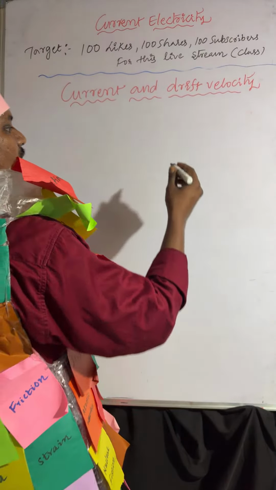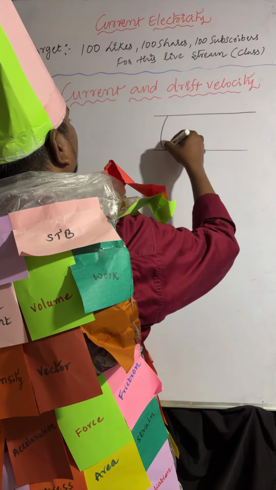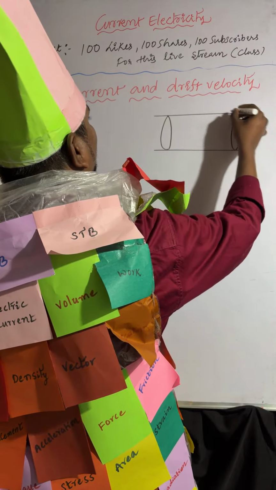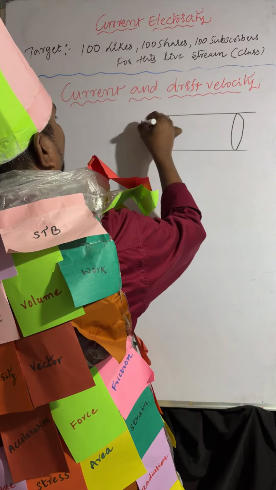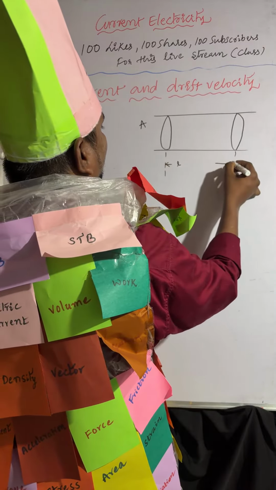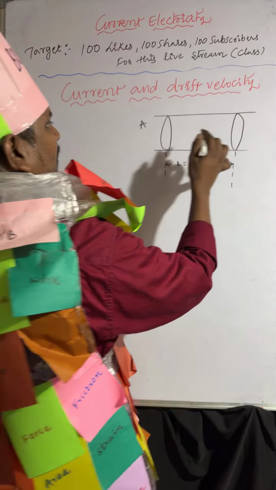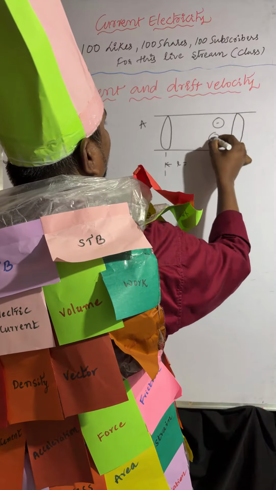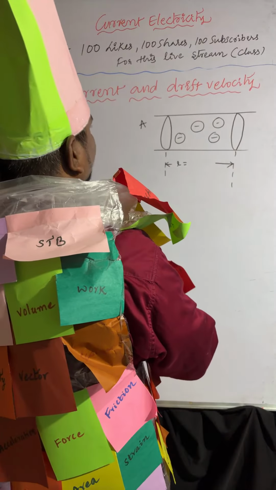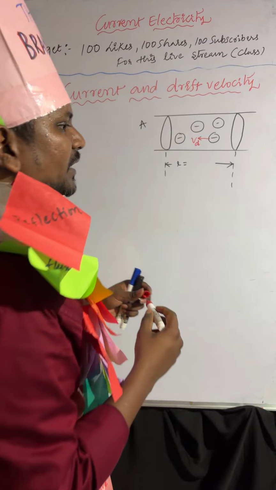Here you can see this is the area of the cross section, and this one is the length. In the conductor, within this volume, electrons are moving. So this is the drift velocity. Understood or not?